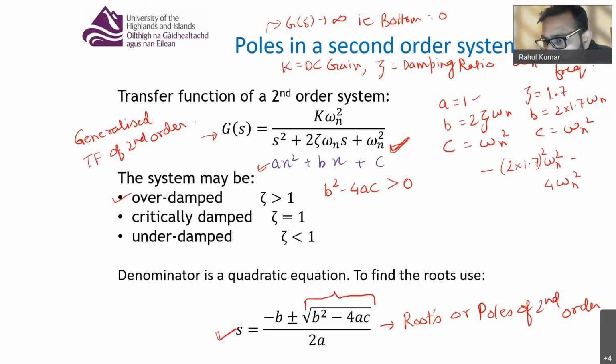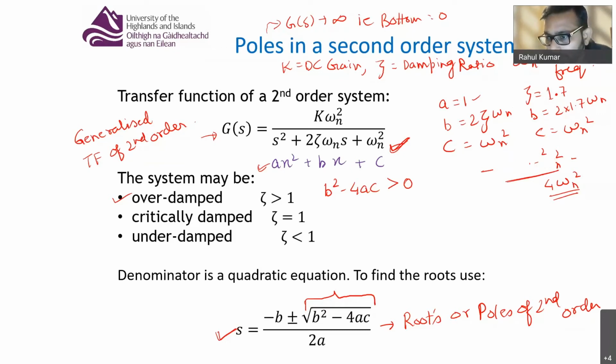If we calculate this value, obviously it will be a positive value, because you have 2 here, which if you square it becomes 4 omega n square, and we have a multiplication of 1.7 square, right? So obviously the first term will be greater than the second term. So we will get a positive number. That means we can say b square minus 4ac will be greater than 0.